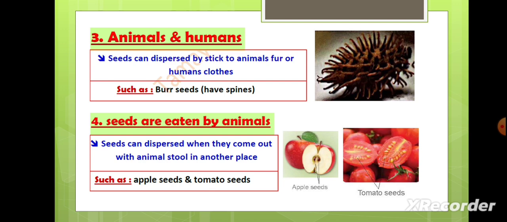Fourth and last, seeds eaten by animals can disperse when they come out with the animal's stool in another place, like apple seeds and tomato seeds. The animal will not digest them. They will stay as they are when they come out with the stool.